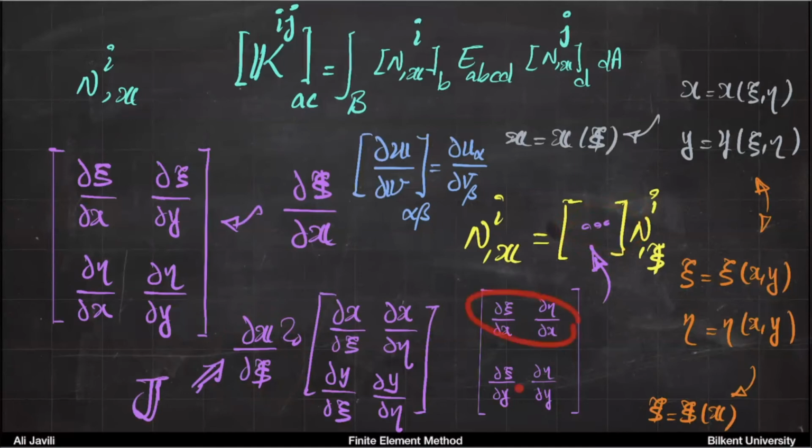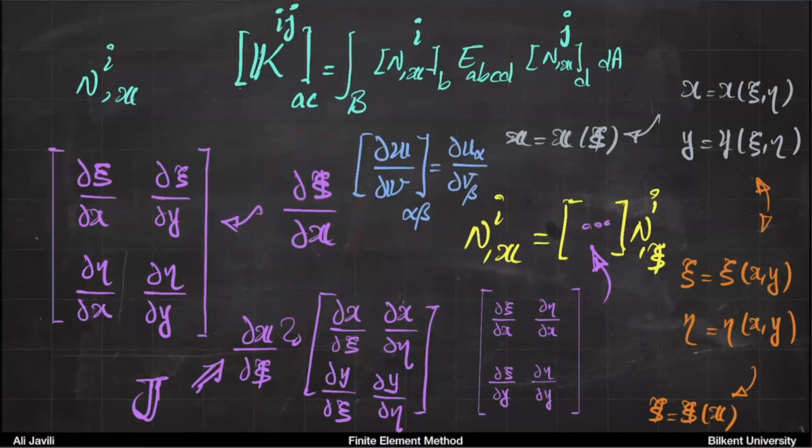It's not the Jacobian because the Jacobian is this one. Now, this thing is the inverse of this, right? So if you multiply them, you get identity. So basically this one is the Jacobian inverse, right? So this one also has a name. This is the inverse of the Jacobian.